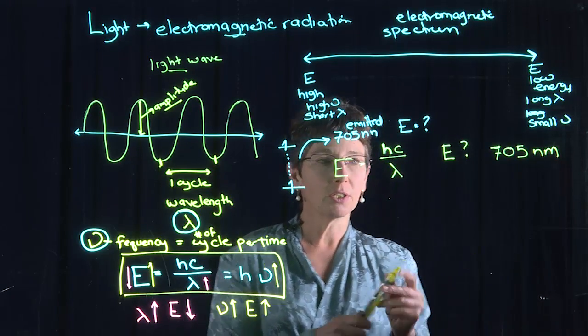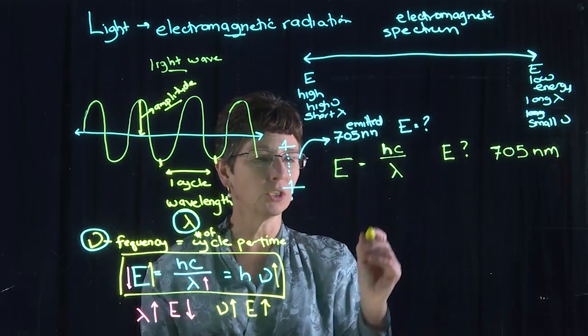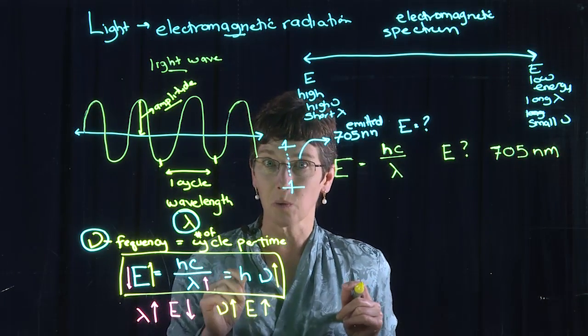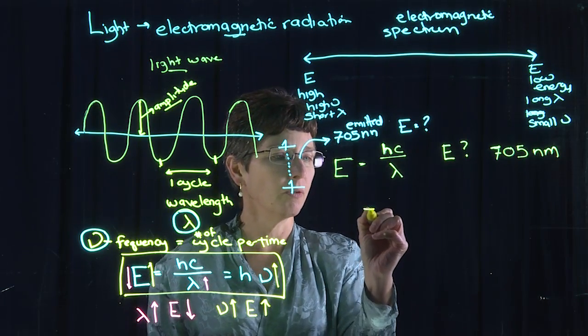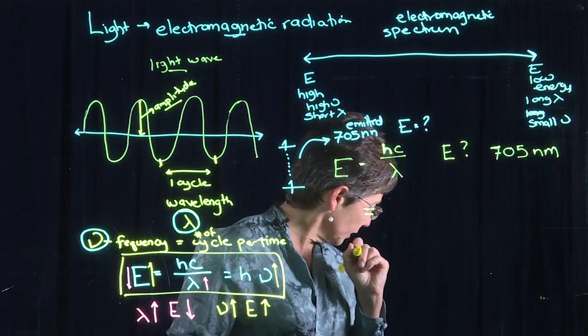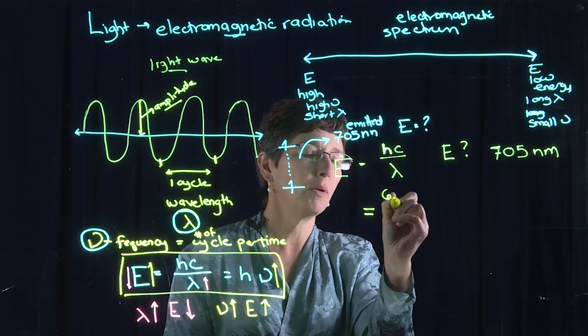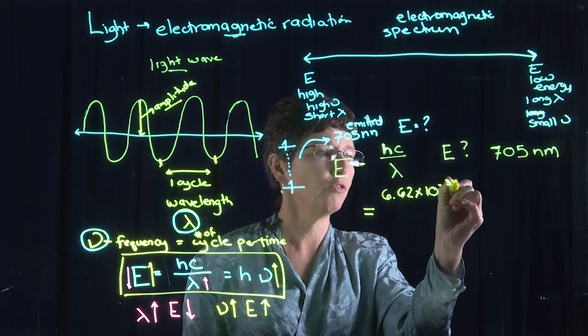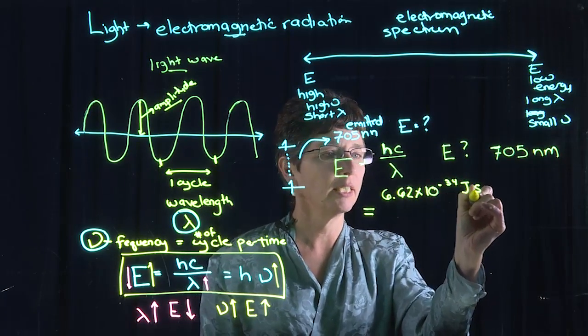And so to figure that out, we can just use this equation. All we have to do, as we always do in chemistry, is watch our units, right? So Planck's constant is 6.62 times 10 to the minus 34 joule seconds.